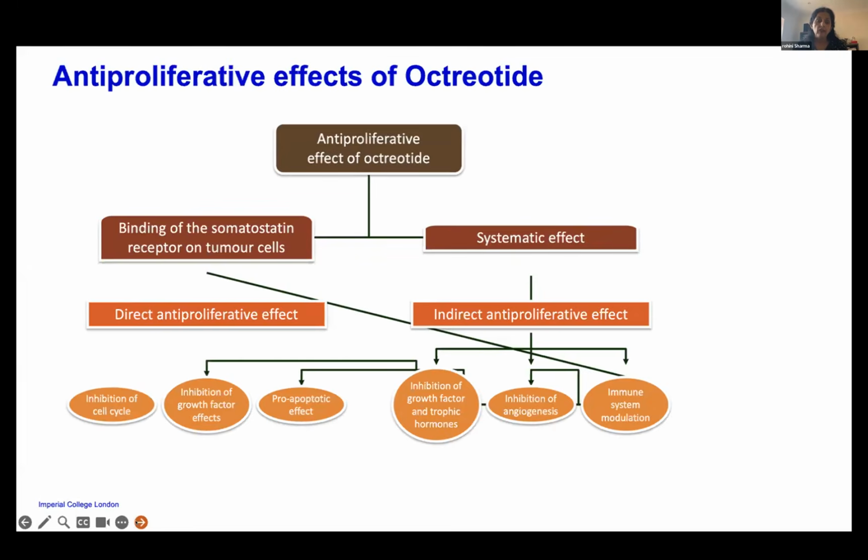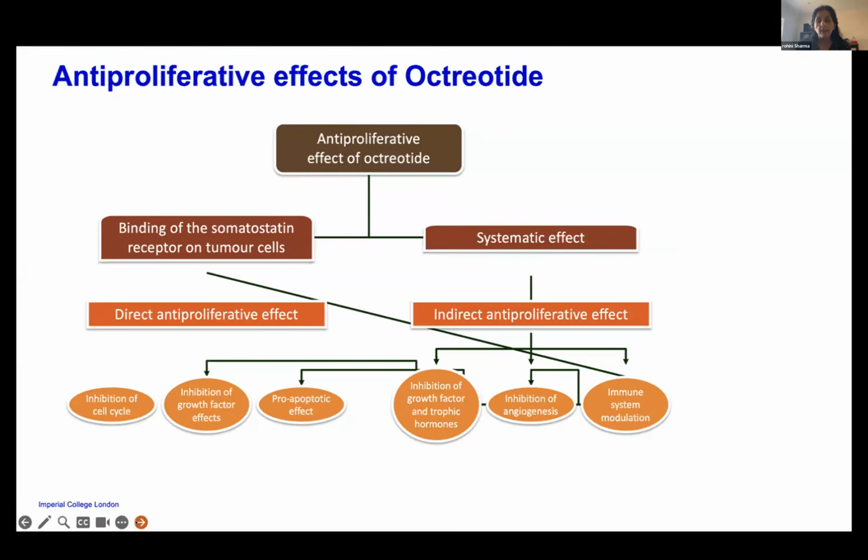So, like I said, there is a direct anti-proliferative effect and an indirect anti-proliferative effect where it inhibits the cell cycle, inhibits growth factors, promotes apoptosis, inhibits angiogenesis, and there's also thought to be some immune regulation as well, all of which we see when we use these drugs in our patients.